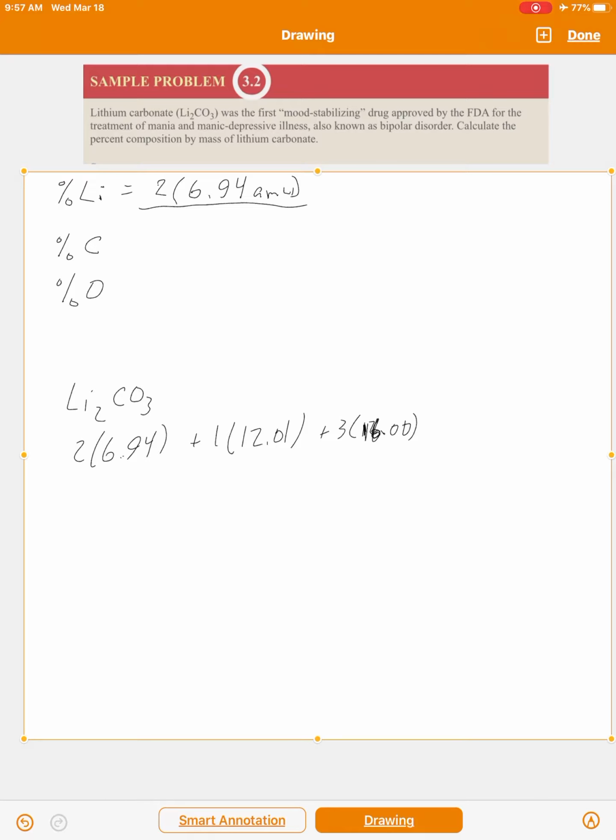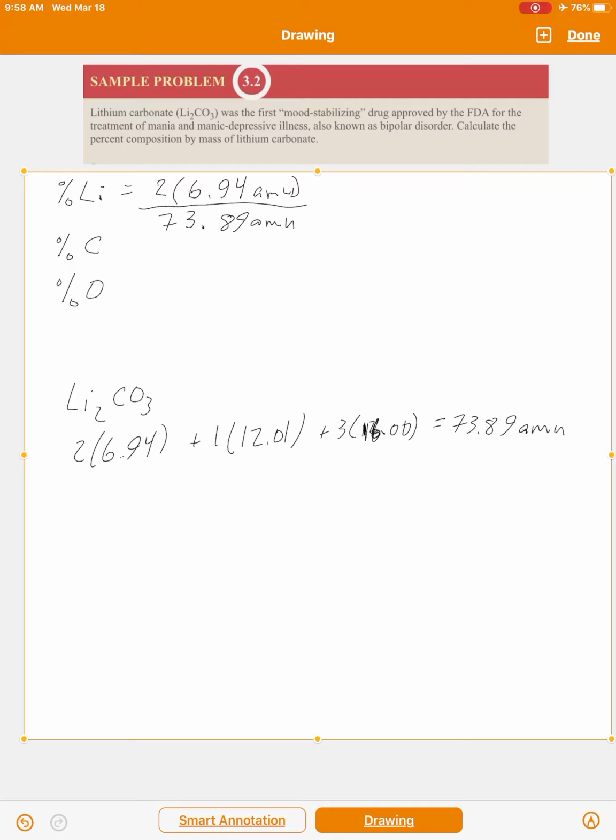Okay? And then let's pull out the calculator and add that all up. 2 times 6.94 plus 12.01 plus 3 times 16.00, and you get 73.89. All right? So now you divide the lithium by this formula mass.